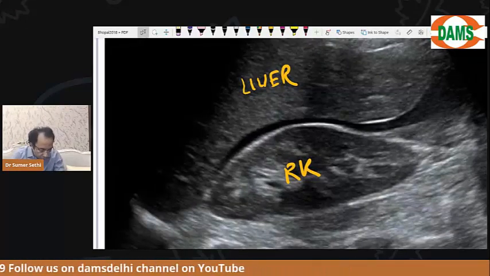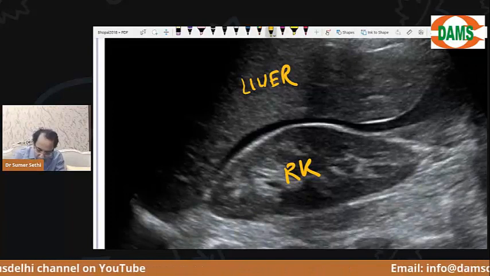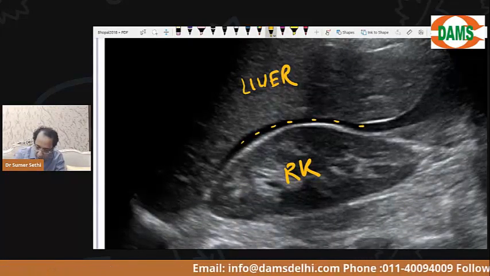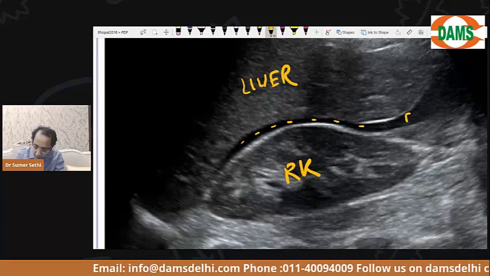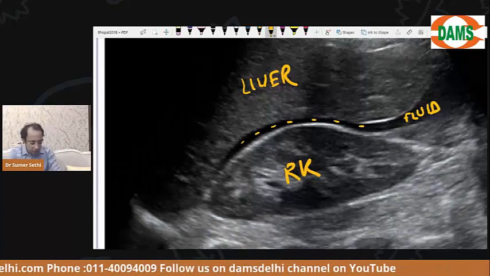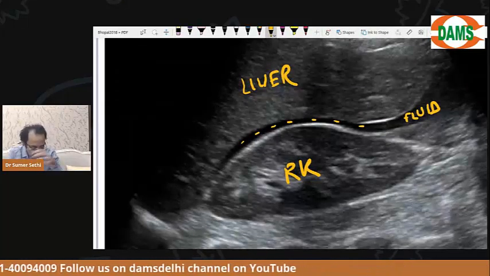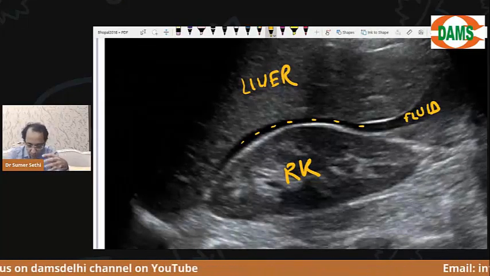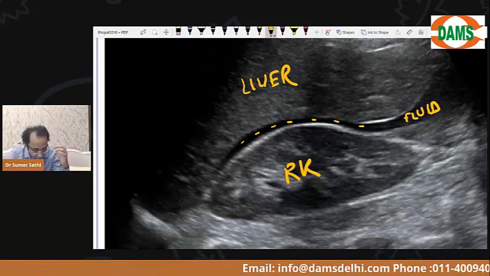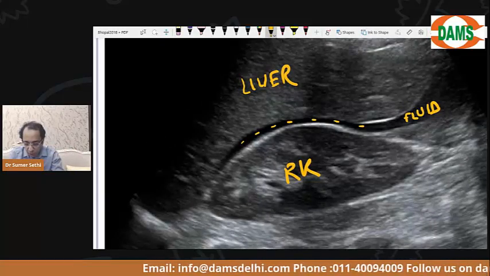What I want you to do is look at this dark area between the liver and the kidney. This dark area is fluid. Normally, you should not be able to see any fluid in this area. If you see a dark area, that means there is fluid.